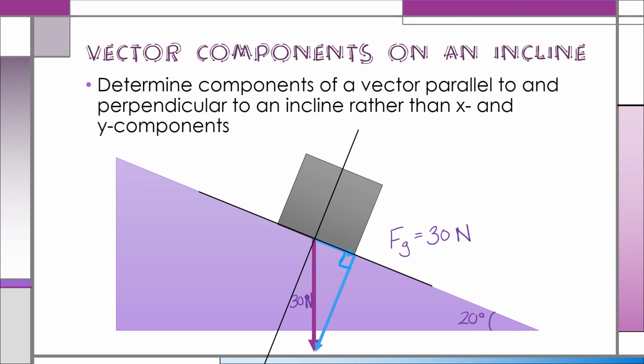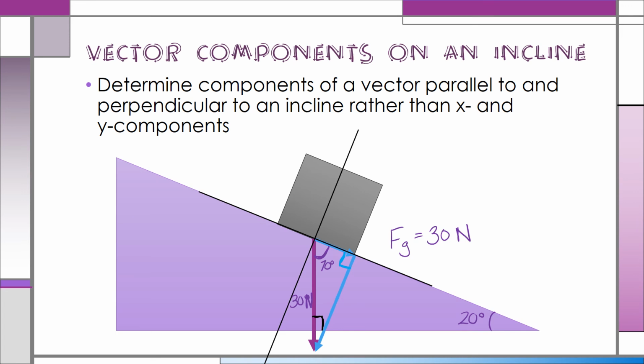So if I take a look here, I can see that there is a triangle created with my force, which goes straight down, along with this angle, and that goes up right here. And because my force is straight down and the bottom of my ramp is horizontal, this is a right angle, which means that this angle right up here would be 90 minus 20 degrees, or 70 degrees.